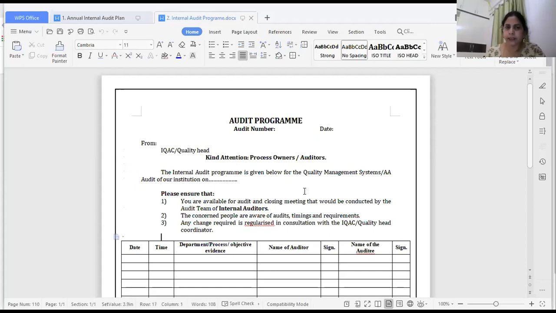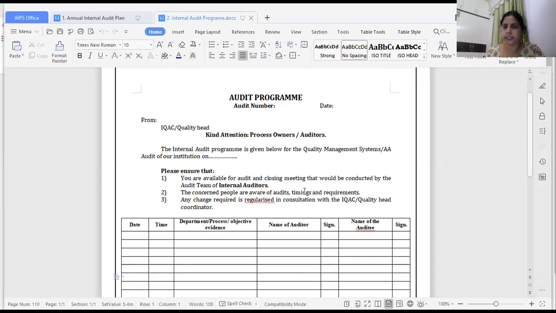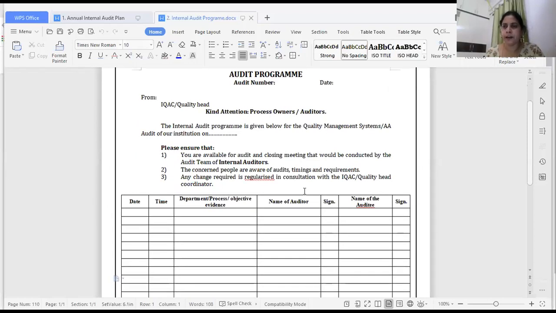Here the internal audit program will be scheduled for the assessment of such and such procedures, and you are making 3 points clear. One is that the process owner should be available for the audit, and also that the process owner should be available for the closing meeting. Now, what exactly is the closing meeting?